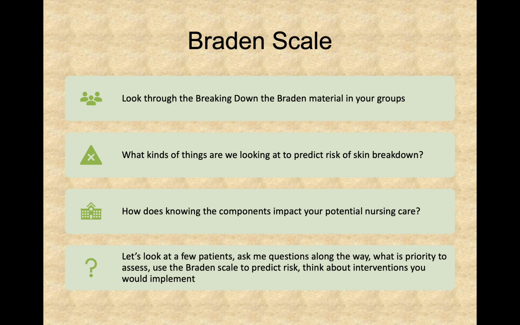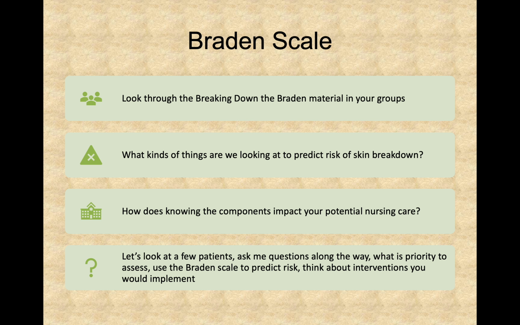So when we pay attention to those factors, those things that we know can lead to skin breakdown, and we identify what those factors are for our patient in particular, then we can implement individualized interventions to address that particular problem. So for each category, you rate the patient based upon where they fall on that Braden scale.